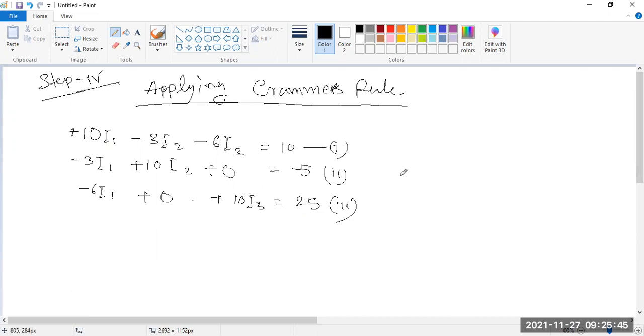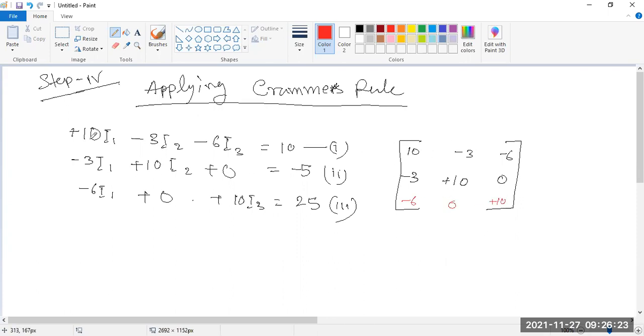So we have to apply it in a matrix form. If I represent it in a matrix, the coefficients are written in this format: 10, minus 3, minus 6. Then minus 3, plus 10, 0. And this is minus 6, 0, and plus 10.